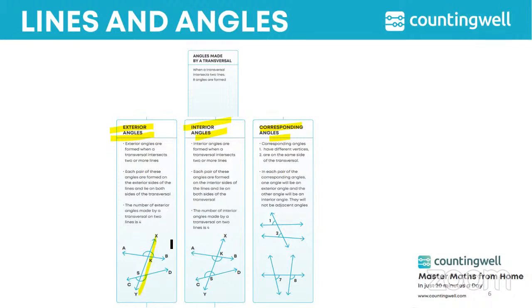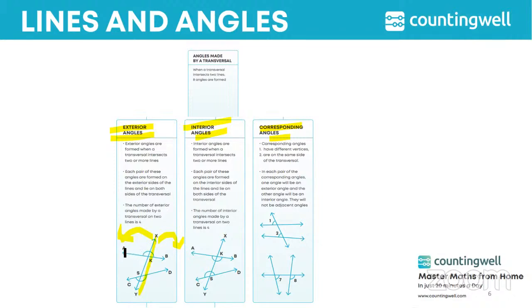And what are the two sides of the transversal? So you can see to the left of the line XY is one side of the transversal. To the right side of XY is the other side. So exterior angles are nothing but they're formed on the exterior sides of the line.